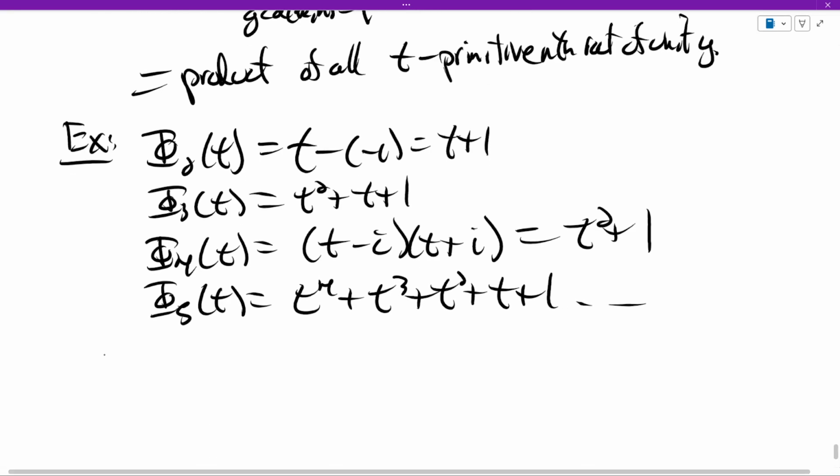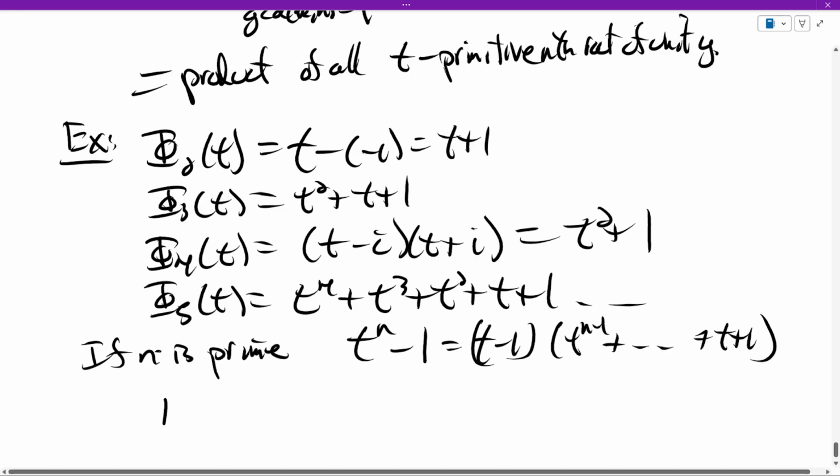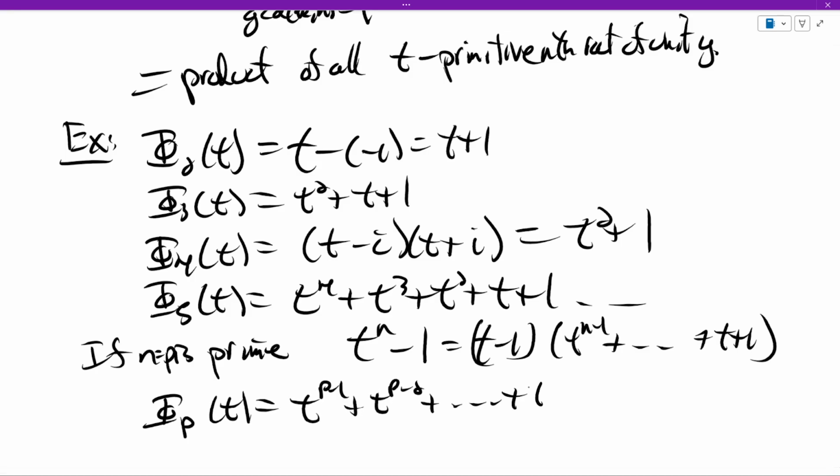And in fact, whenever n is prime, we know that every nth root of unity is a solution to this, but if n is prime, all of the nth roots of unity that are not 1 are primitive because they're relatively prime to n, because everything less than n is relatively prime to it. So when n is prime, let's say n equals p, phi p of t is just t to the p minus 1 plus t to the p minus 2 plus ... plus t plus 1.